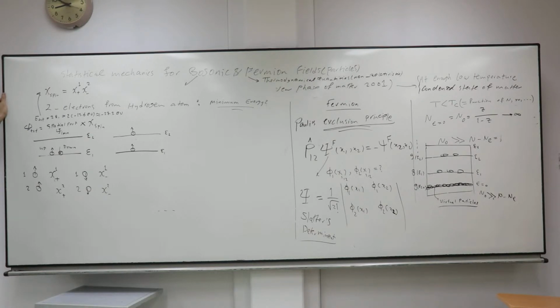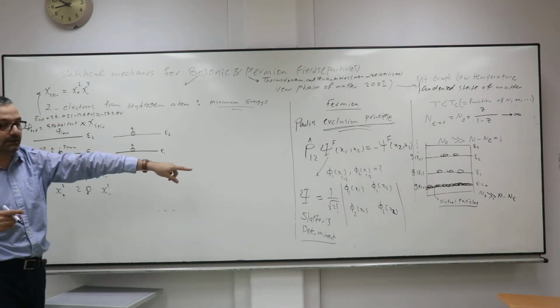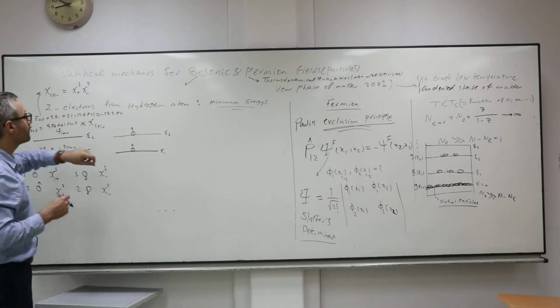No. When you change electron 1 to 2, it doesn't exchange; it just becomes plus 2 minus 1, without any relation to the previous one. So this is not the one you can write for the wave function. The correct one is this; you needed to write it with this.